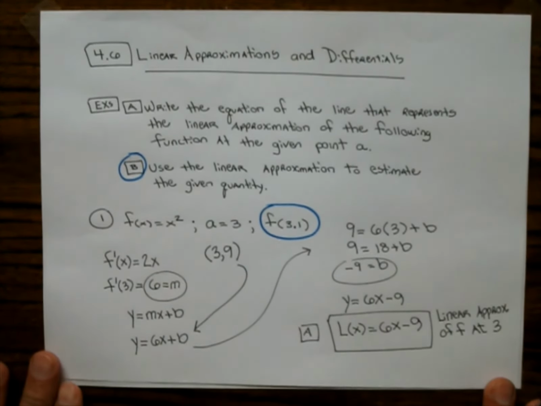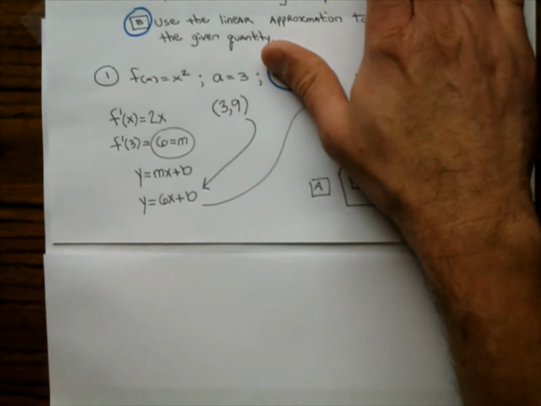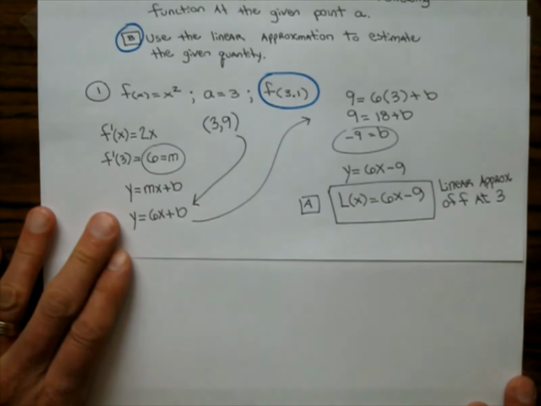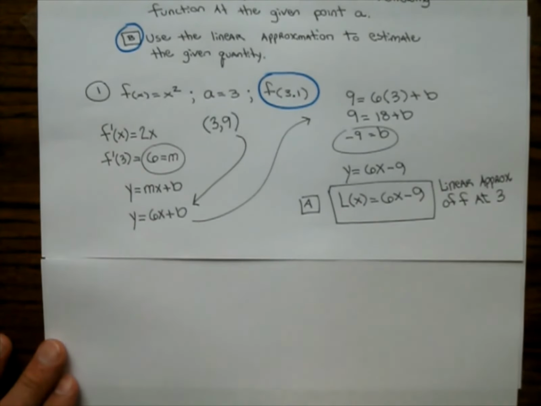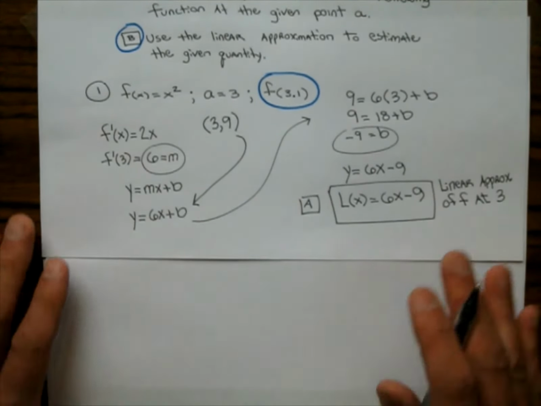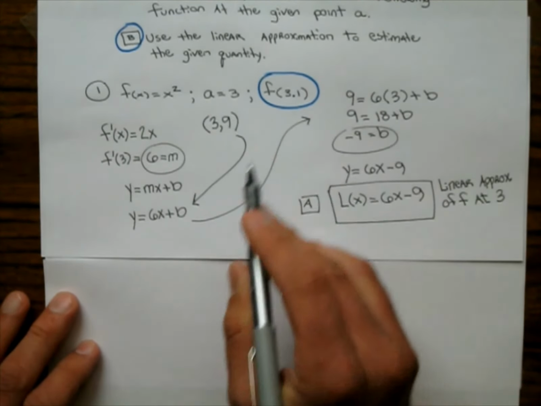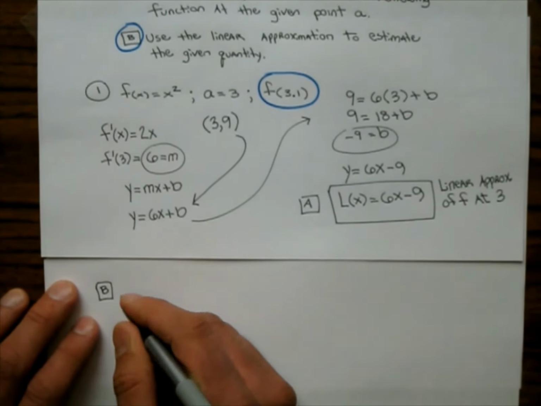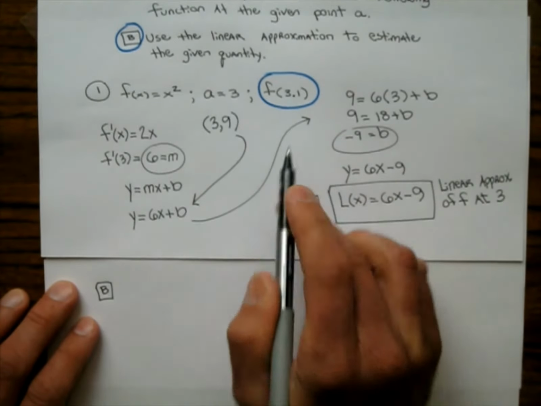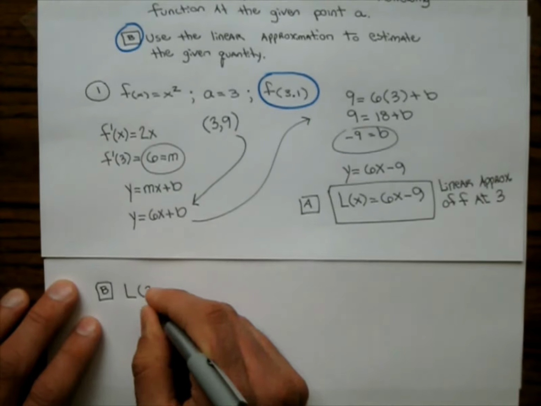Now, why is this the case? Why would we go through this and make a big deal out of this? Because of things like part B. Part B says, use the linear approximation to estimate the given quantity. The given quantity is f of 3.1. So in part B, they want us not to go f of 3.1, they want us to go L of 3.1.